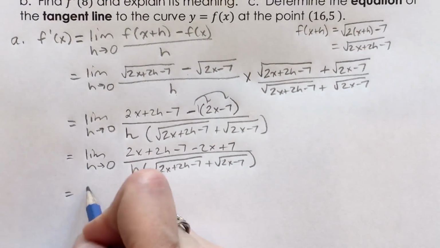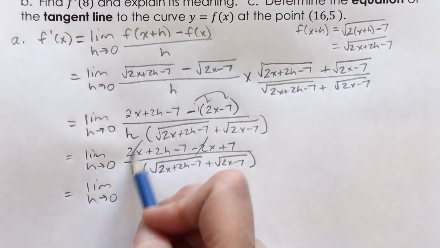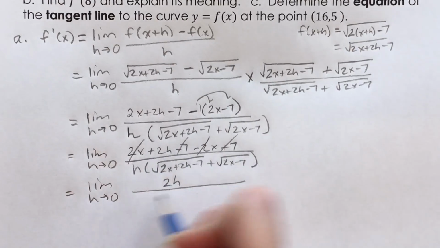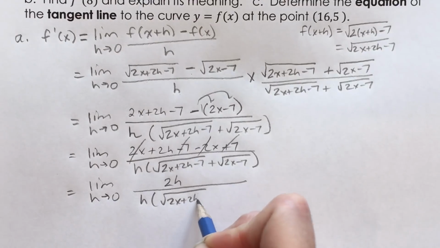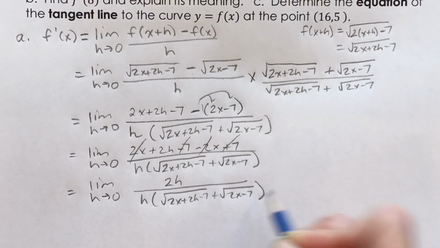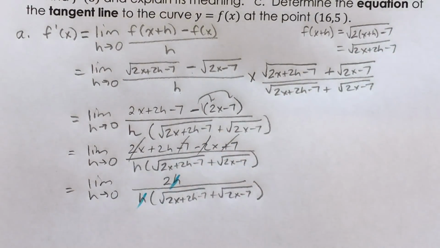Simplify by collecting like terms in the numerator. 2x minus 2x, negative 7 plus 7. So we're just left with 2h over h times this. The h's divide out. So now it's safe to let h approach 0.